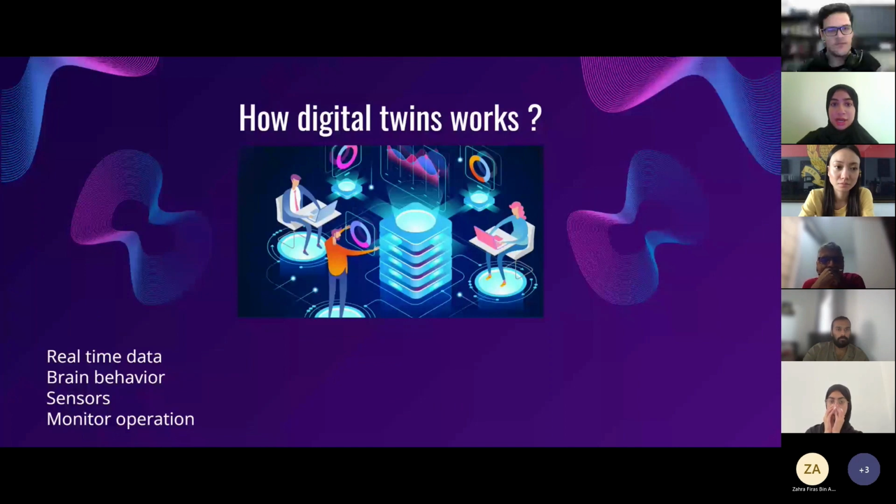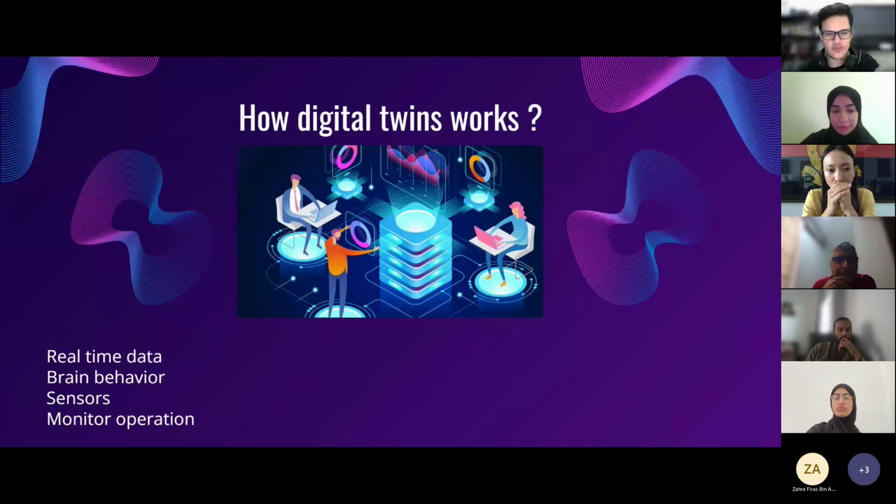All right. So after we know what the digital twins are, of course, the first thing that will come to our mind is how it will work and how we can implement it in the UAE. So we started to look at how digital twins work, and we found that they work with three components: physical, heuristical, and real-time data.